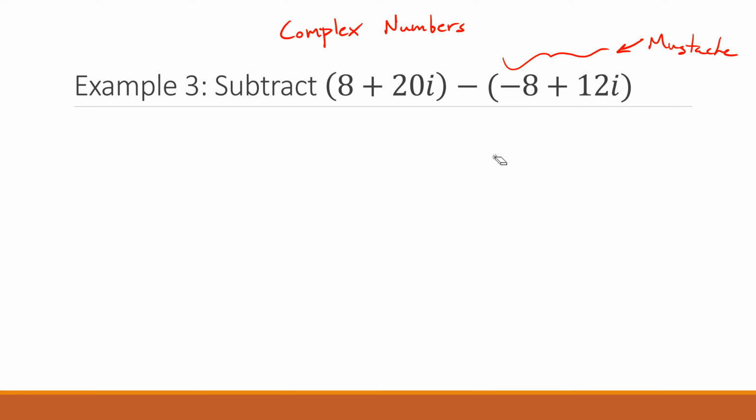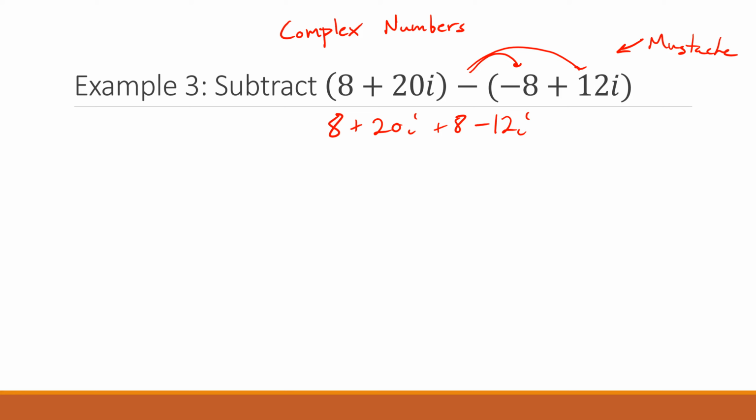So in order to subtract these two, it is as simple as combining like terms. Look, I should probably distribute this negative in. Then I have 8 plus 20i plus 8 minus 12i. I've just distributed the negative in.